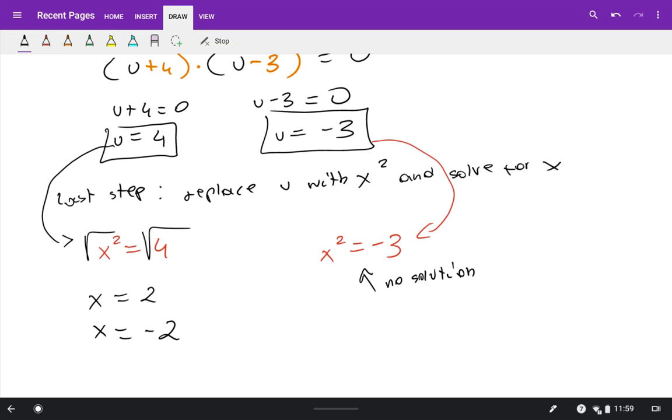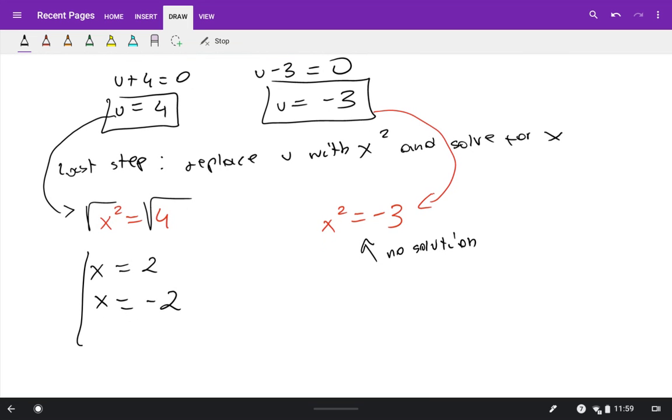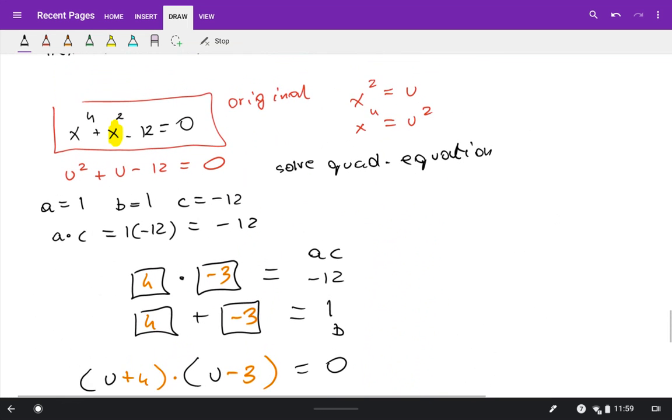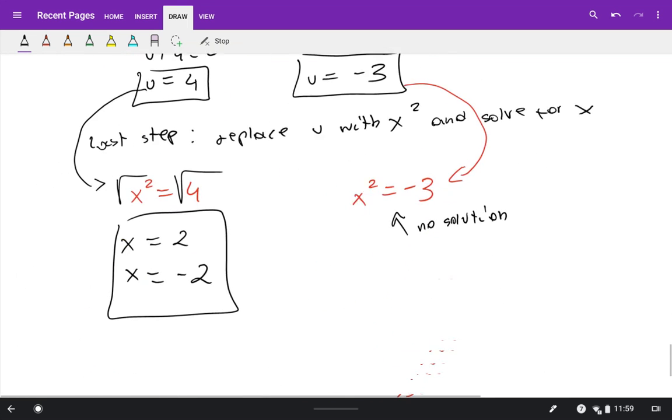So we don't have a solution here. So this is our solution, 2 and negative 2. And of course, you should always check by plugging in and see if we have extraneous solutions. But in this case, I'm pretty sure that we solved it correctly.